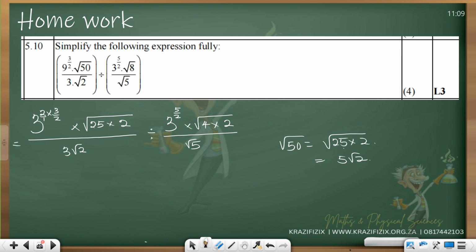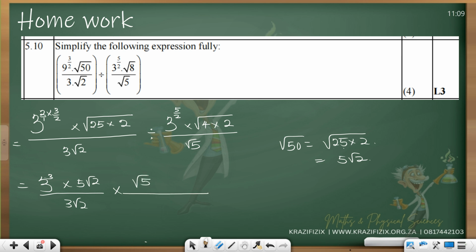Okay, now let's start moving. This 2 would cancel that 2, right? But I won't do that just for clarity. That will leave us that. And this will give us 5 root 2 over 3 root 2 times root 5.